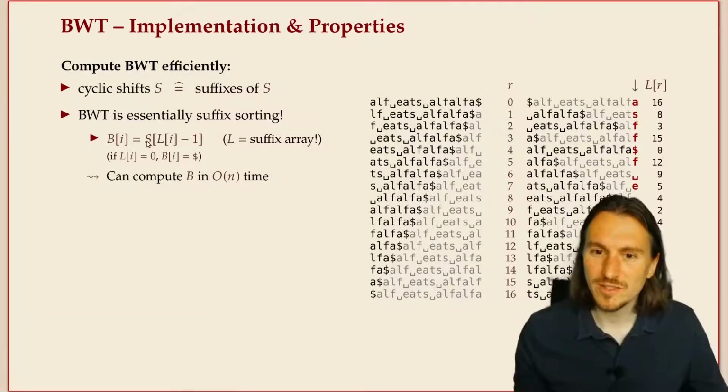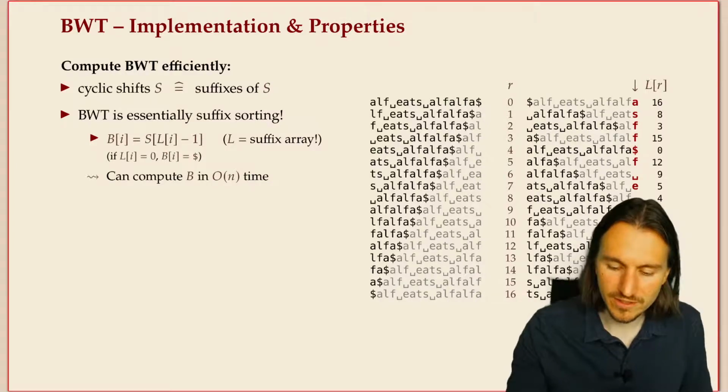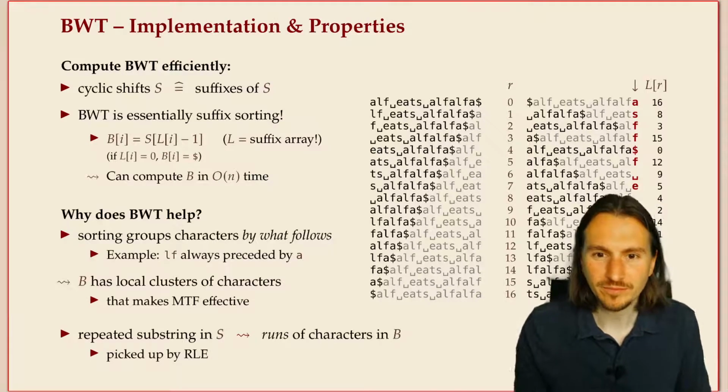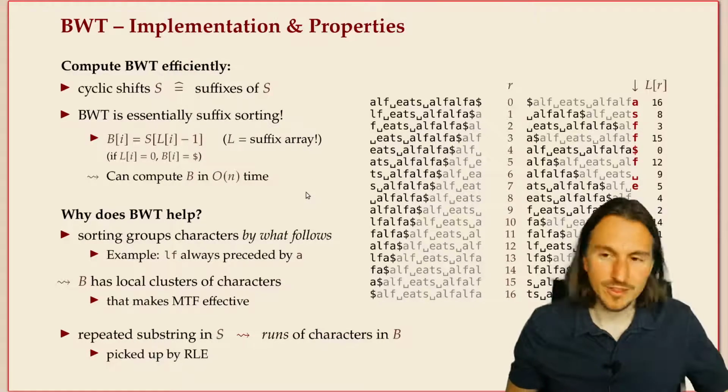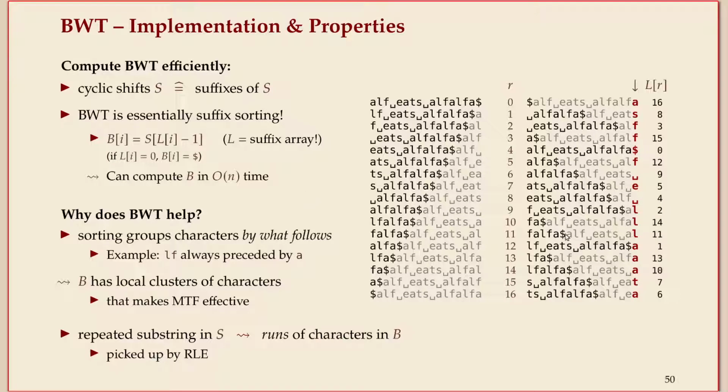The next question is, why is this interesting? Why does the BWT help us in compression? And for that, I think I need the example here. What the BWT does is it groups characters by context, namely by what follows them. So for example, we have a context here.